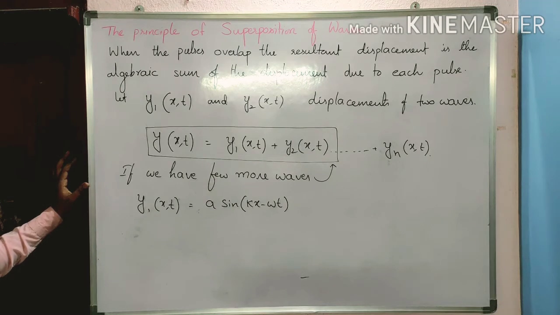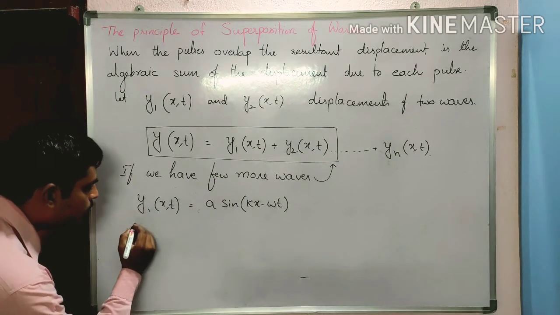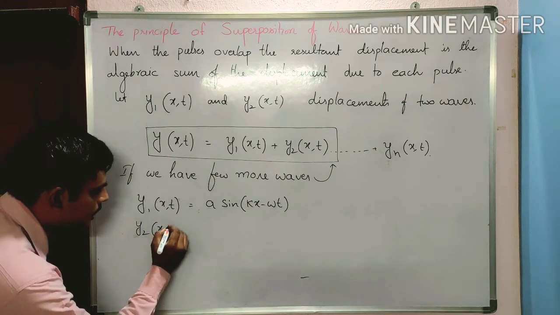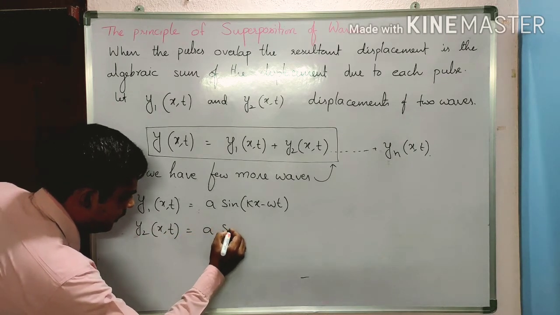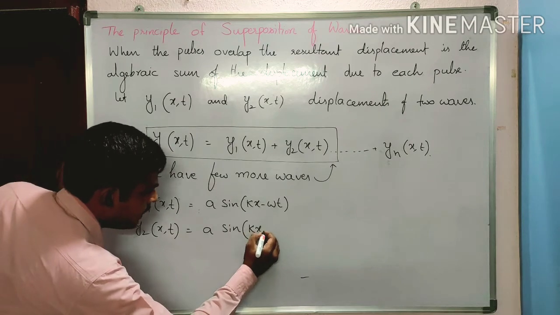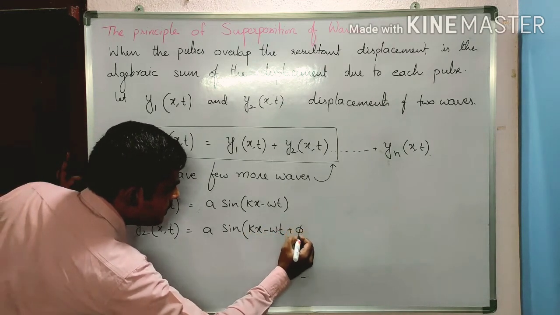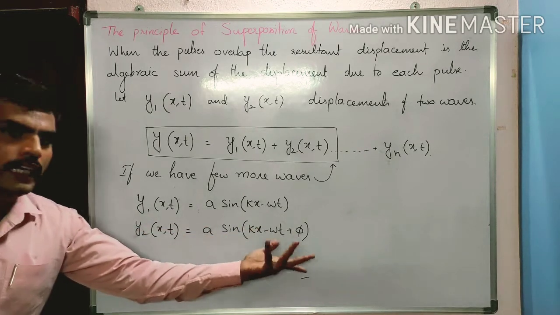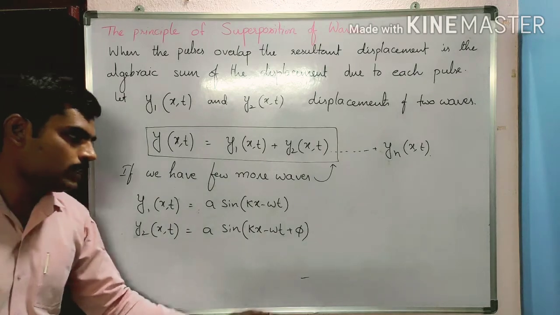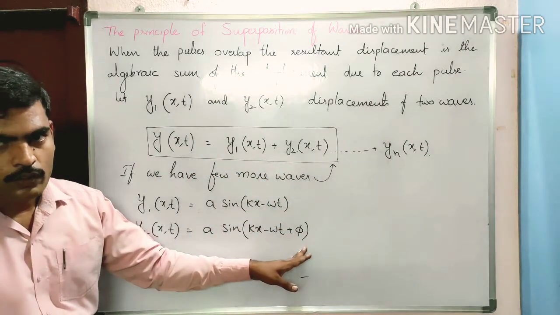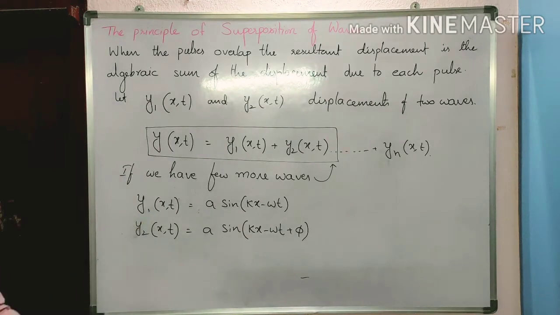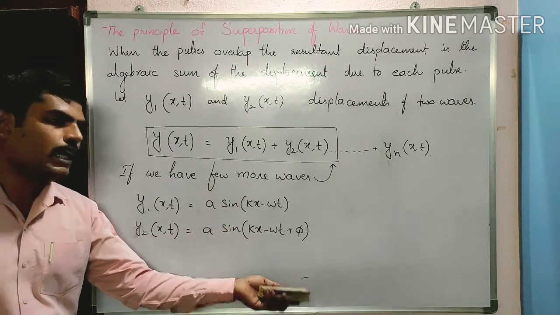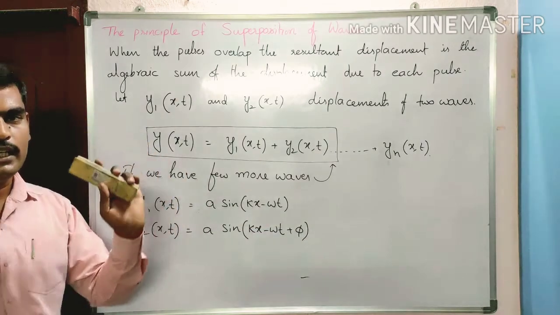Already we have discussed in our previous video. y2(x, t) = a sin(kx − ωt + φ). φ is the phase difference. ఆ రెండు వేవ్స్ ఒకే రకంగా ఉండాలని లేదు, ఫేజ్ డిఫరెన్స్ ఉంటుంది ఆ రెండు వేవ్స్ మధ్యలో. ఉంటే ఉంటుంది, లేదంటే లేదు. సో దట్స్ వై φ is the phase difference. If there is no phase difference, we can write 0, φ = 0. If there is a phase difference, then we will write φ = π or π/2 or π/4. Like that we can write the phase differences.